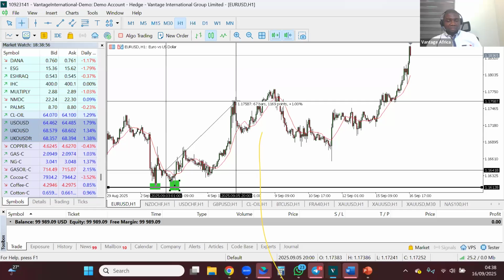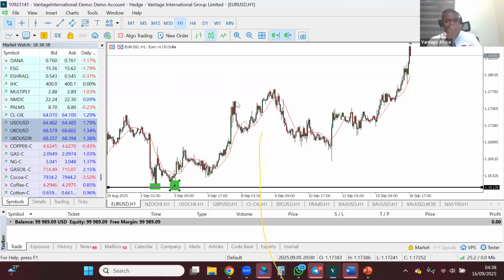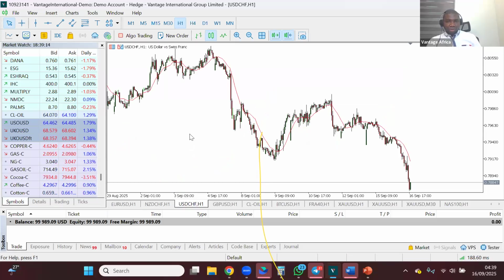This is 107 pips. From after this signal formed, you get on the trade, 107 pips. That's really good, right? That's a double bottom. Now let's see if we can locate a double top here.